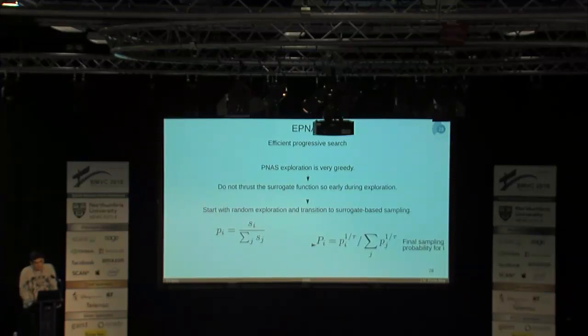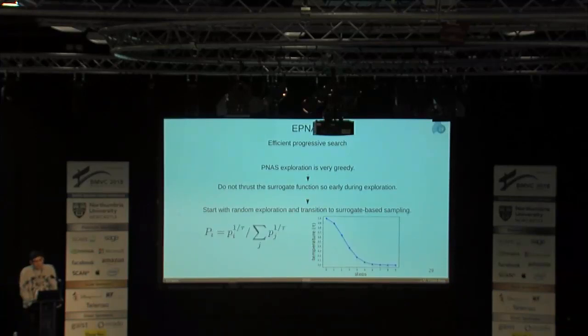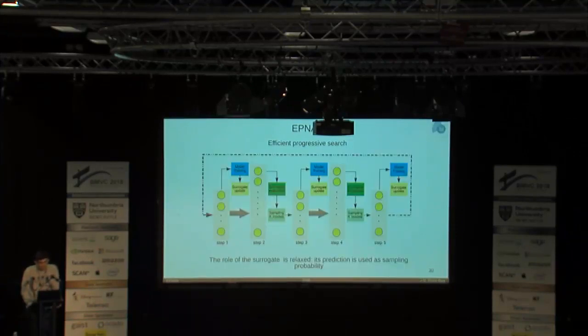But we also include a temperature-based computation, so we can control how random the exploration of the search space is. So we start with a more uniform distribution, and then fully trust the surrogate function at the end of exploration. To do that, we include iterations over the progressive neural architecture search. And basically, we are relaxing the role of the surrogate by using it to predict a sampling probability instead of directly predicting the top K architectures.